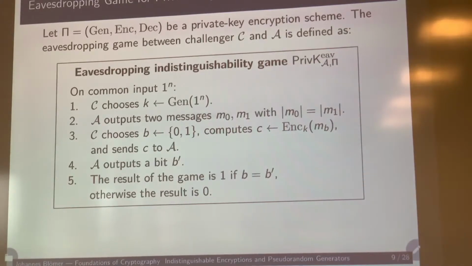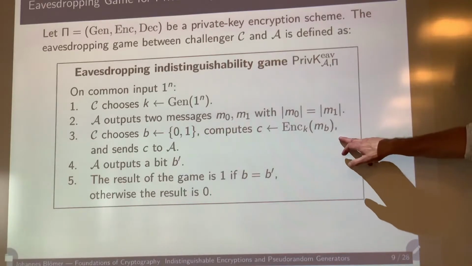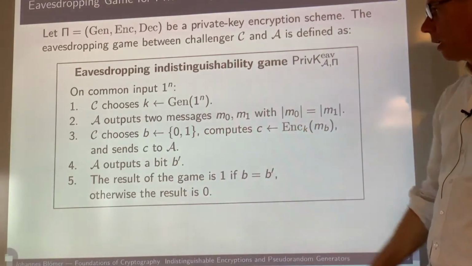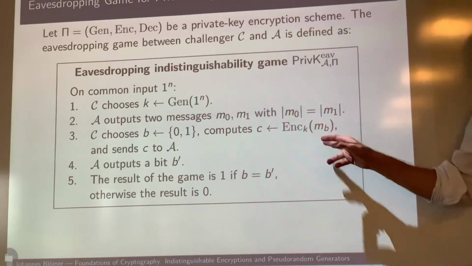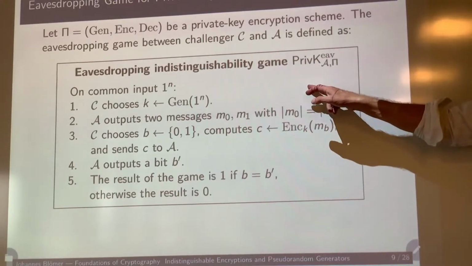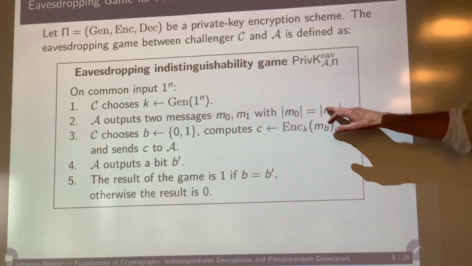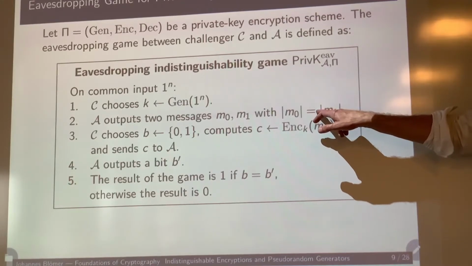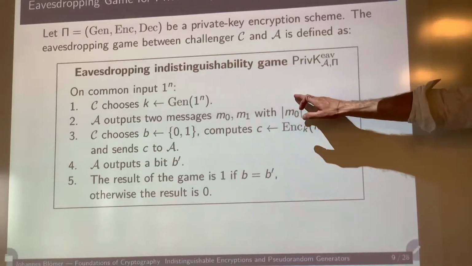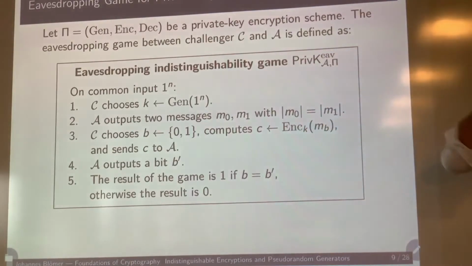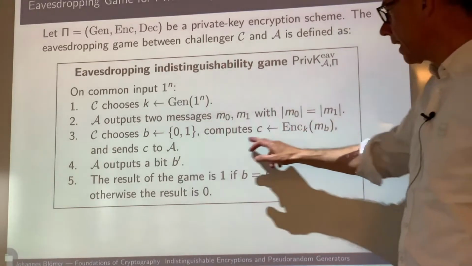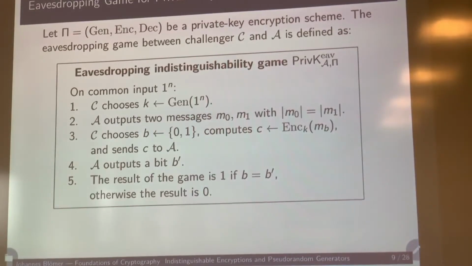Then it sends those 2 messages to C. Now, C, as before, chooses this bit B uniformly at random, and it computes the encryption of MB using the key K, which is unknown to A. A sends the 2 messages to C. Here, C just chooses, it does not output them. It keeps them private. It's only for the challenger. And it sends the ciphertext C to A. Now A outputs a bit B prime, and the result of the game is 1 if B is equal to B prime, and otherwise the output is 0.